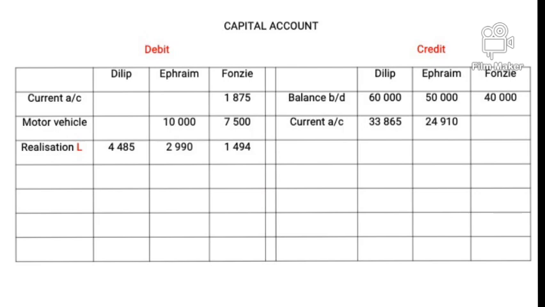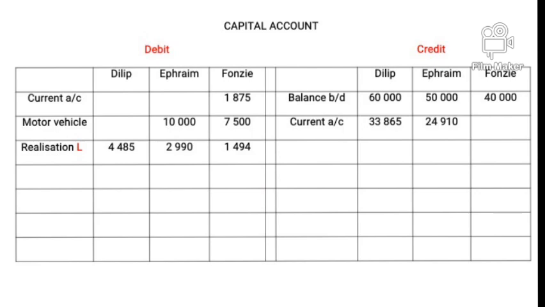So according to the going concern concept, balances are only carried down when there is continuity of operations. So since the partners have dissolved the business, it means that in the capital account, we shall not have any balance carried down.